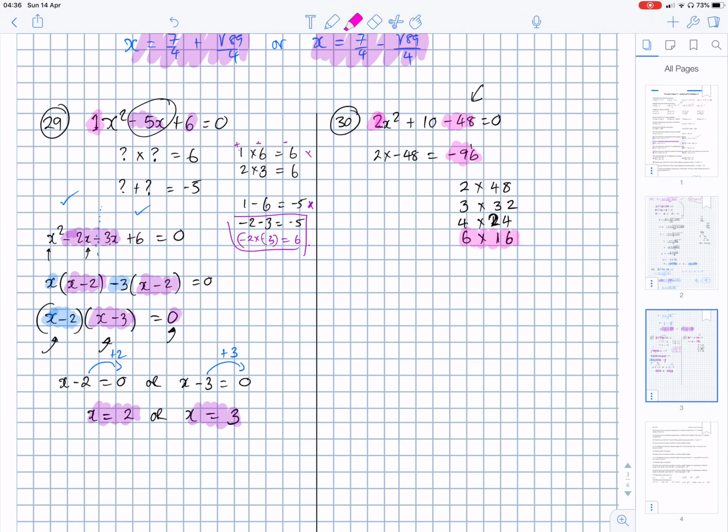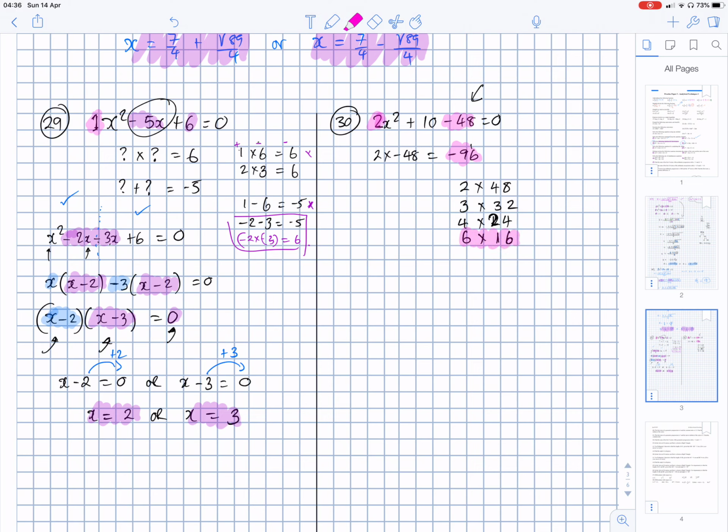So it's going to be 2x squared plus 16x minus 6x minus 48 equals 0.